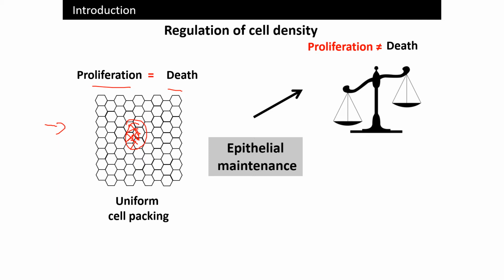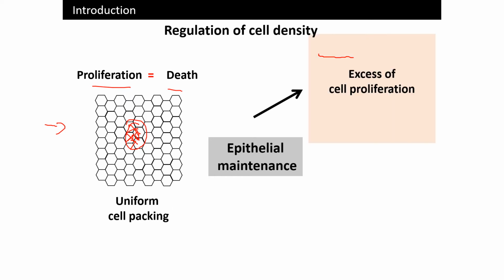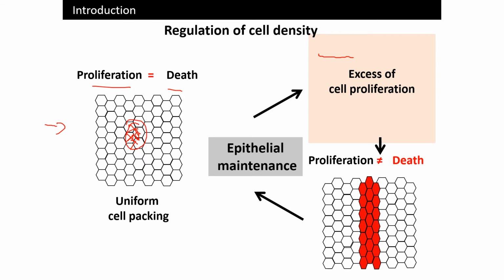It seems that what happens is that there is proliferation. So cells start dividing. Then when you have too many cells, there is less proliferation and more death. So, for example, all the cells in the red region are going to have more cell death, and in that way, some of them will die.